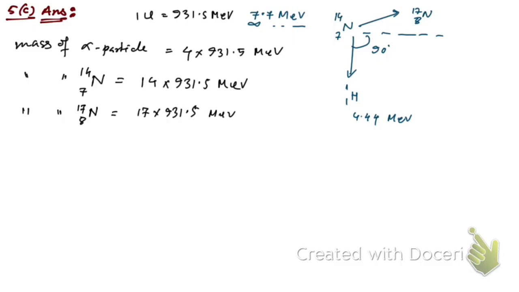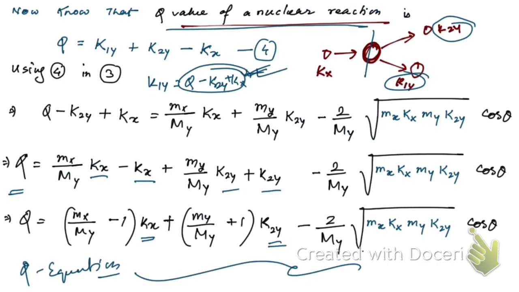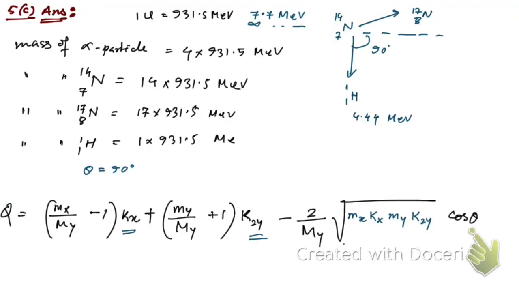Then the mass of this H1 particle is going to be 1 into 931.5 MeV. And theta is equal to 90 degrees here. So here we're going to use the relation that we have just derived. Let me copy this relation and go to the next slide, where we're going to use it.